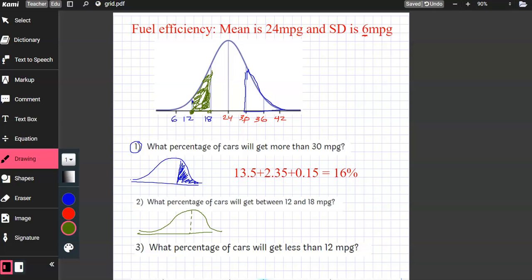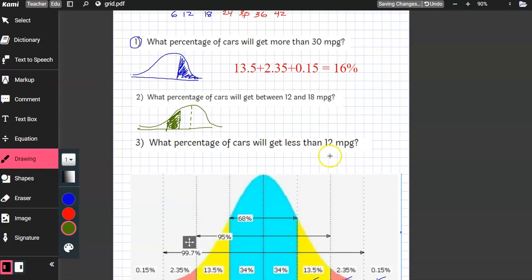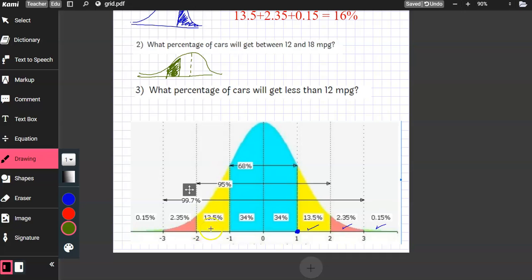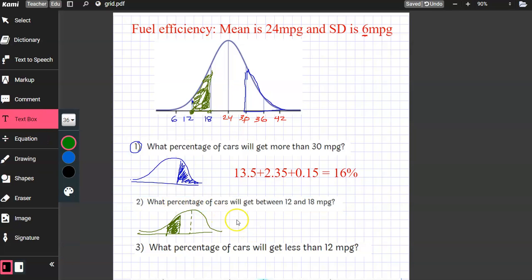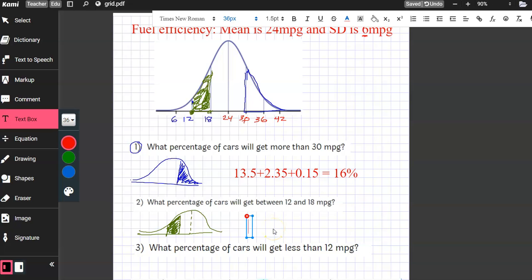So you have the middle right here, and you have from one standard deviation to the second standard deviation. So we want that percentage. And if we look at our empirical rule, that is 13.5, which is right here. So here it's only 13.5%.